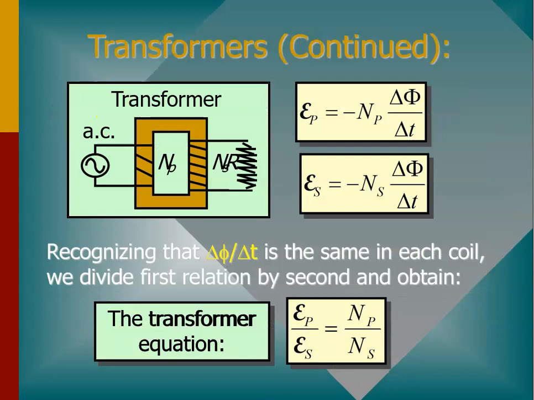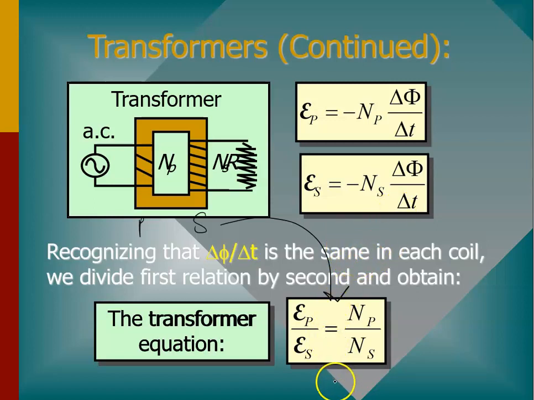When we substitute, or when we need the relations of the primary and secondary, the relations are usually written as these equations, which are what we call the transformer equations.